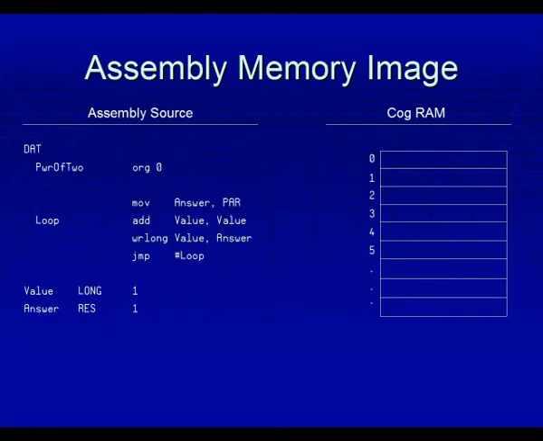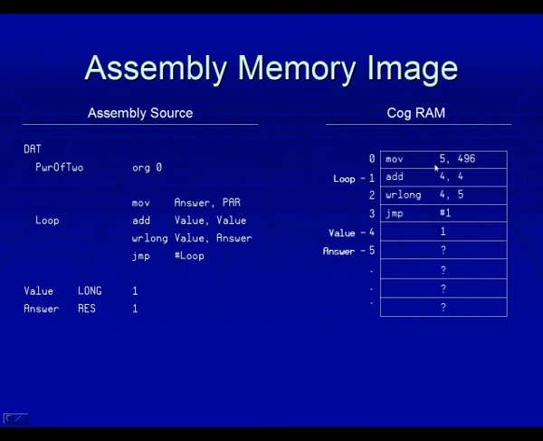So here's an example of how this gets loaded up. I have an example little assembly source program on the left side. I'm not showing the Spin code that's required to launch it. We'll get into that in a moment. But I just wanted to show you that when the Spin application requests that another cog start up with this assembly code, say starting at the power of 2 label, this is what happens.